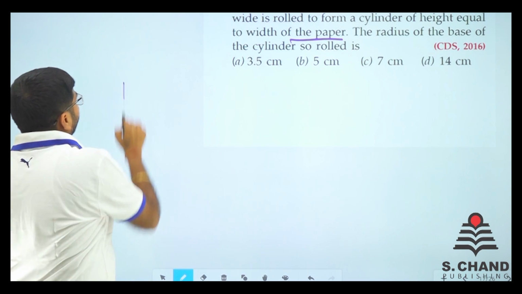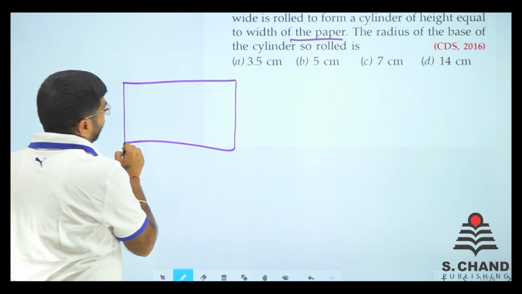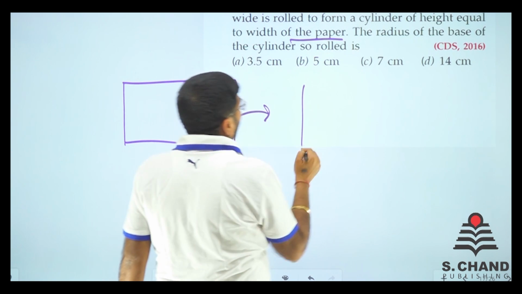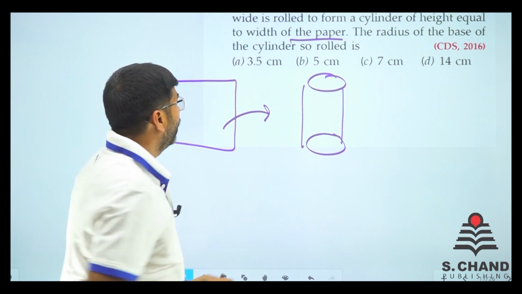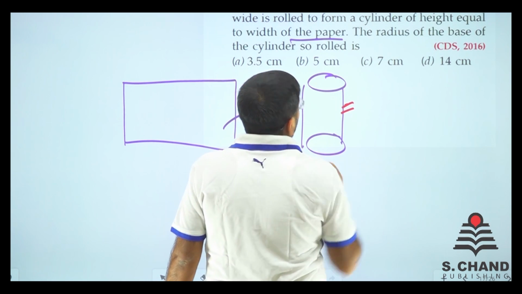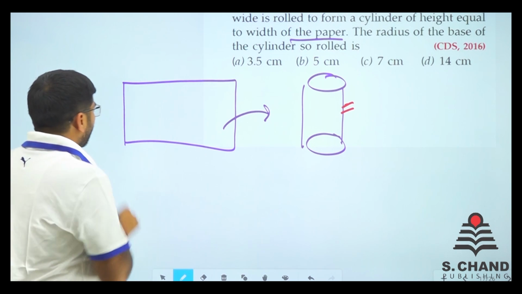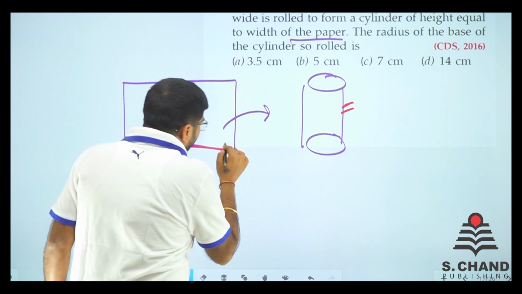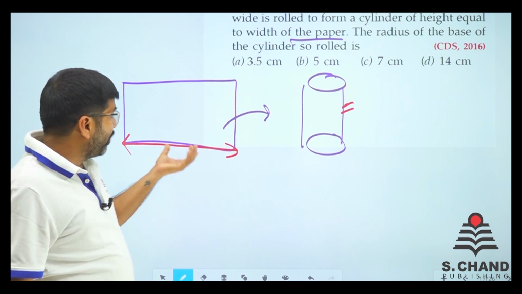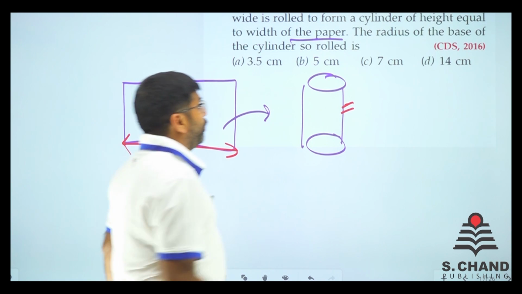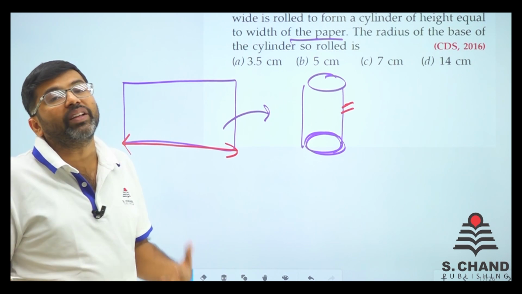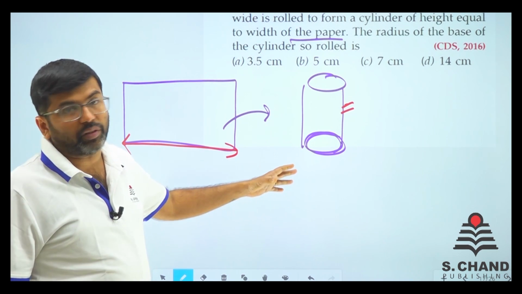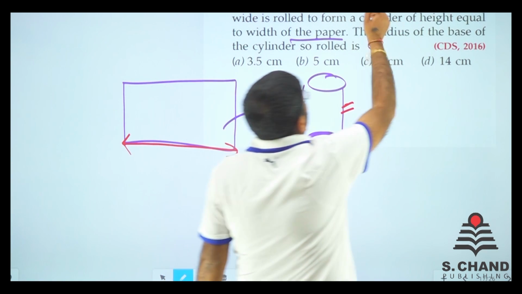See, when you see a rectangle transformed into a circular cylinder with height equal to width, that is okay, no issues at all. If you understand this point, this length of the paper will become the circumference of the circle. So the circumference of the circle will be 44 centimeter.